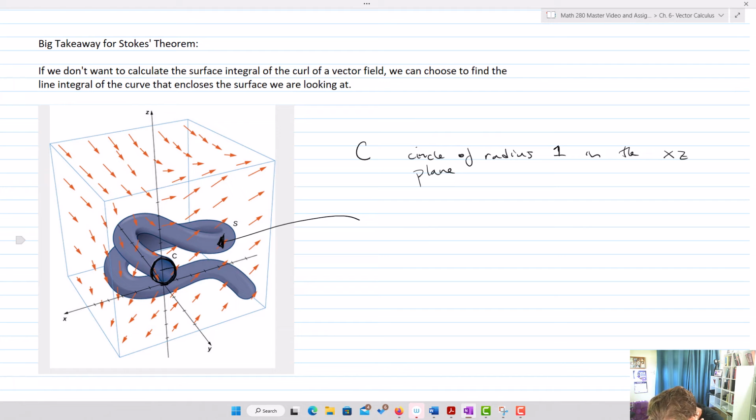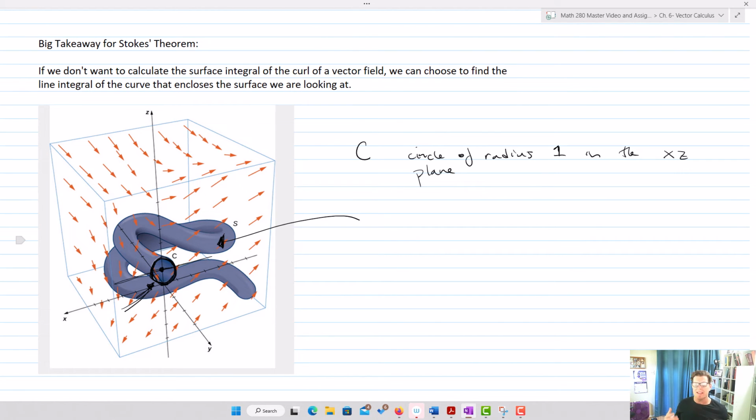Notice also that it's not centered at the origin. It is instead centered at the point 0, 0, 1. So you'd have to change the parameterization just a little bit, but that's not too hard in terms of finding the parameterization for that curve. And so we find the parameterization for the curve, and that might be a lot simpler to calculate.